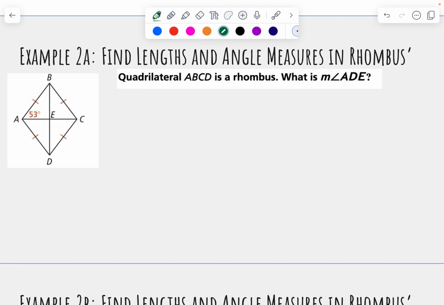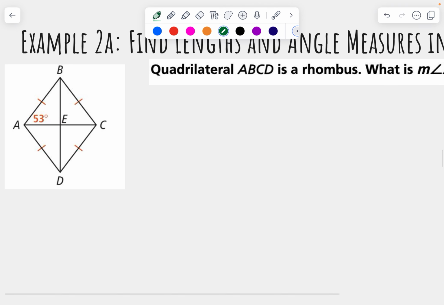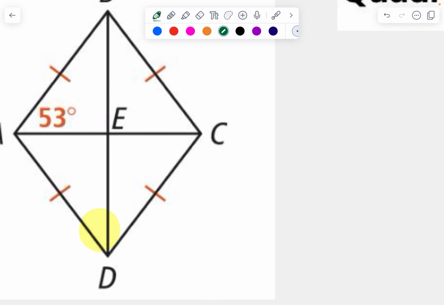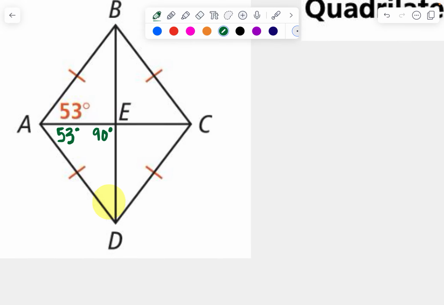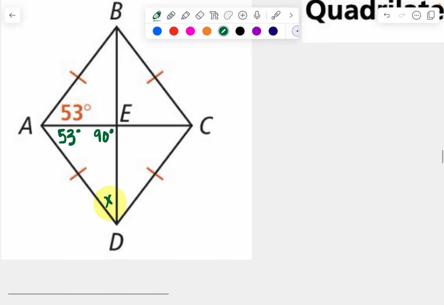So let's look here. This is a rhombus. What is the measure of ADE? So ADE is this angle down here. That's what we're looking for. Well, some stuff that we already know. If that is 53 degrees, then that angle right there is 53 degrees. I also know that's 90 degrees because it's a rhombus. We'll call this X since it's the angle we're looking for.